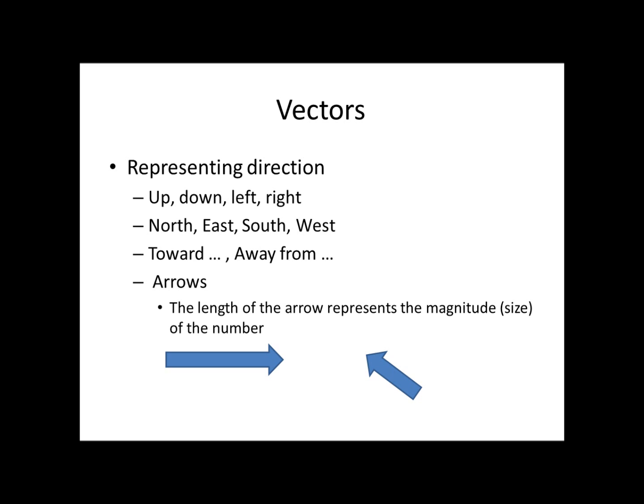When we use arrows to represent vectors, the length of the arrow should represent the magnitude, that is the size of the number. And it should always be proportional. If I've got a couple vectors that are different magnitudes, the length of those arrows should actually be the appropriate lengths for those vectors. Now eventually we'll bring in some angles and actually do some trig with these vectors, but we'll save that for a later date.